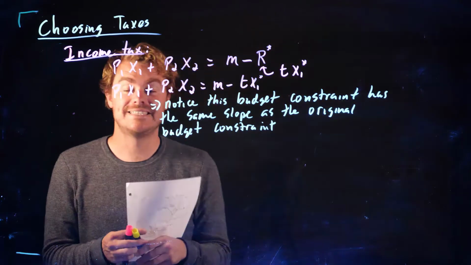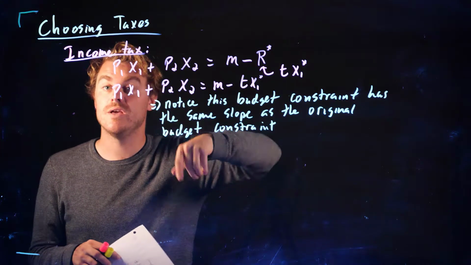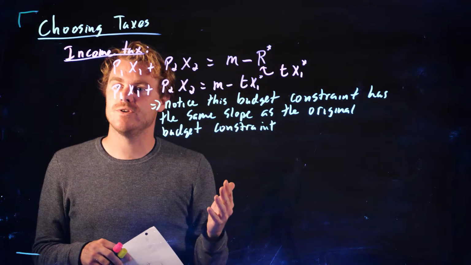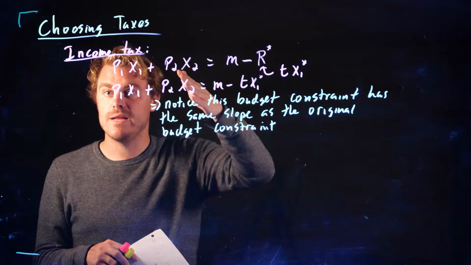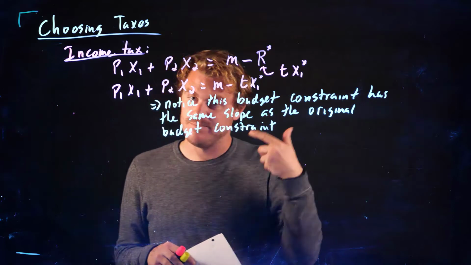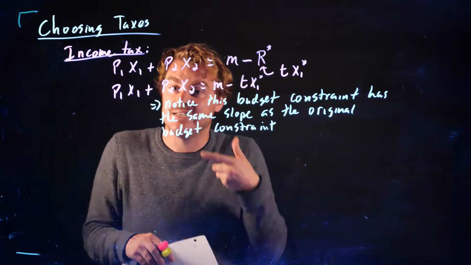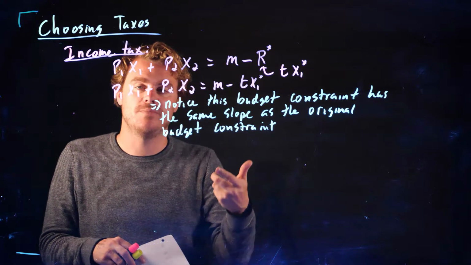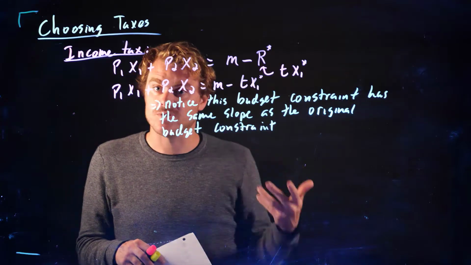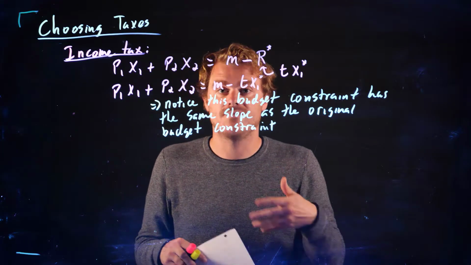Remember, putting a quantity tax on good one would change the effective price of good one. And so with a quantity tax, the budget constraint does not have the same slope as the original budget constraint. It has a steeper slope, because the price of good one is effectively higher.